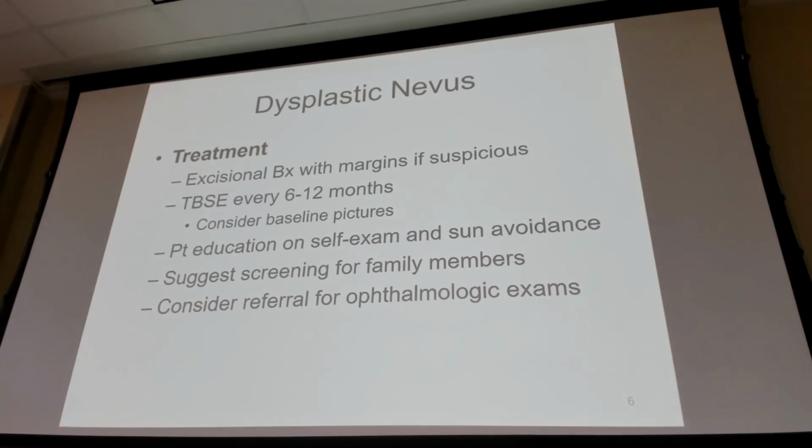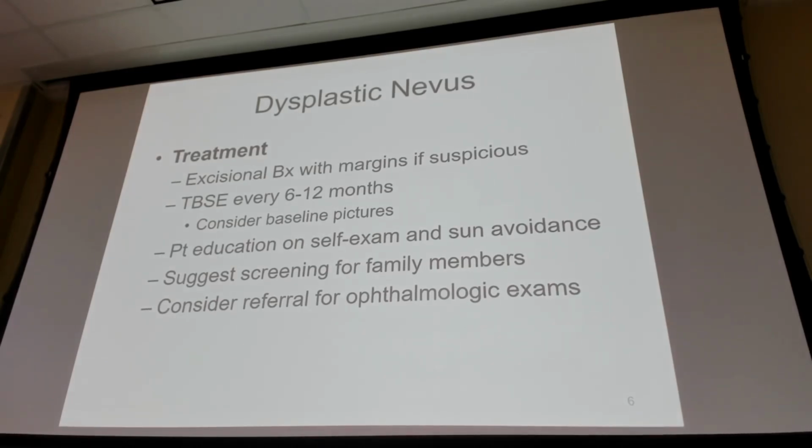If they're having this and it's located in that trigeminal area, of course, we will want to consider some ophthalmologic exams, okay? So refer them on so that they can be looked at inside of the eyes.